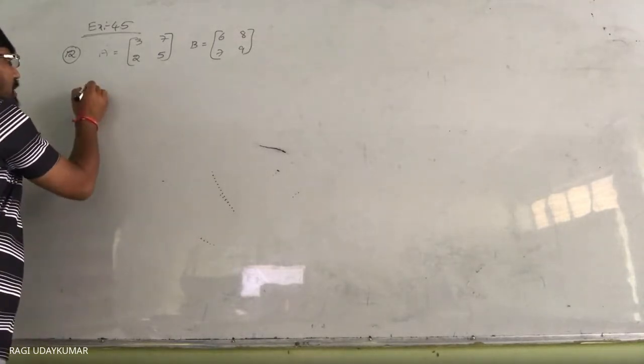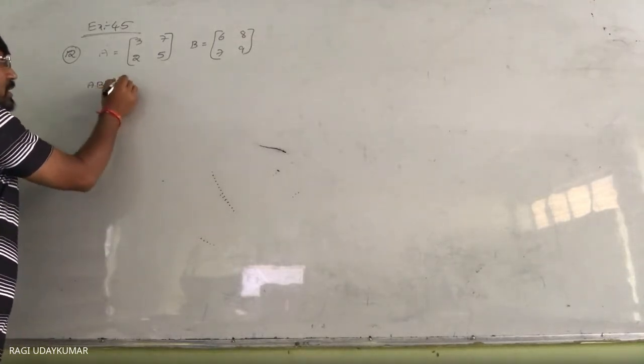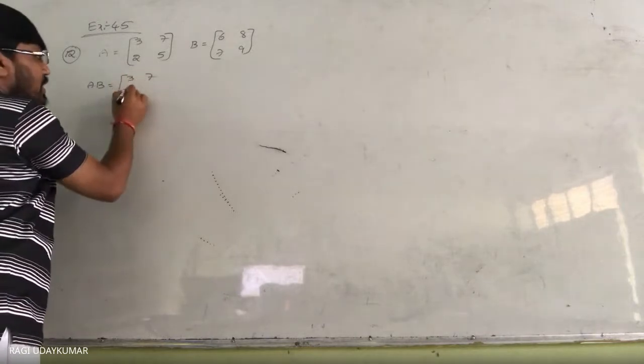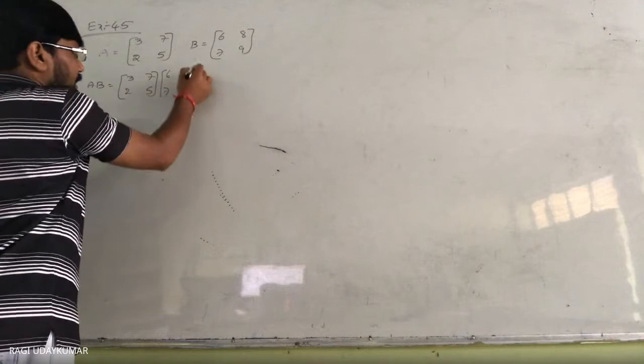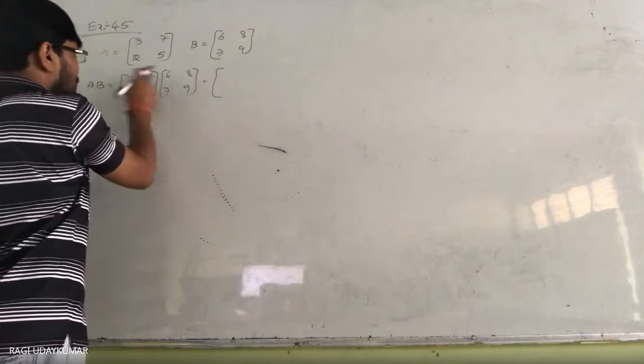So first you need to find A into B. A into B means [3, 7, 2, 5] into [6, 7, 8, 9]. So what do you get here? This row is 18 plus 14.